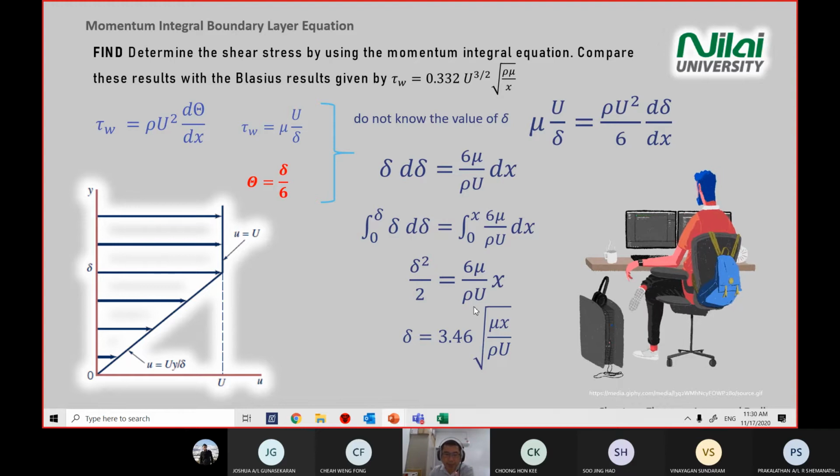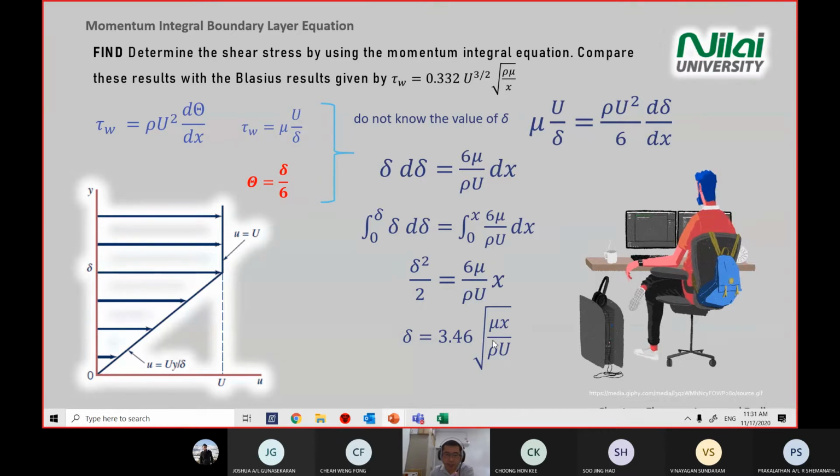The 2 goes to the right and you get 12, then you square root it, so the delta squared becomes the square root of the right hand side.